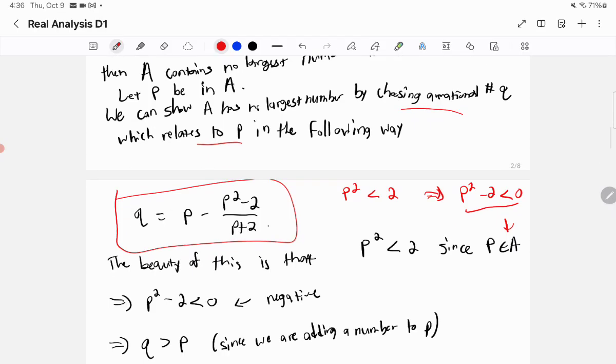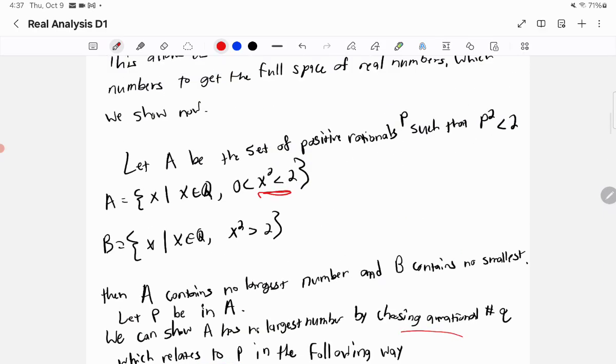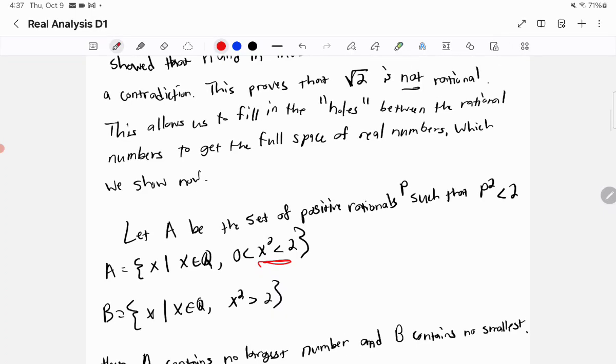But anyways, that means Q has to be bigger than P, right? We can already see this right away, because p squared minus 2 is negative and p is greater than 0. We're dealing with the set A right now, and in this set p has to be greater than 0.